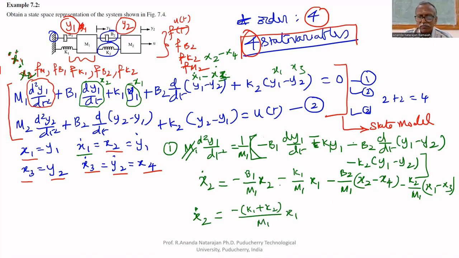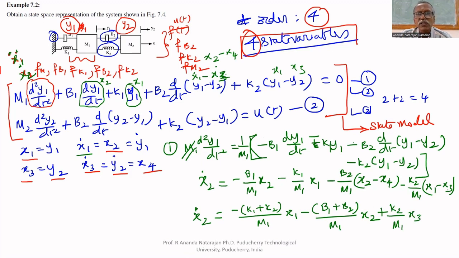All x1s are grouped. X2s are grouped. Group all x2s, minus (b1 plus b2) upon m1 multiplied by x2. Group all x3 together, plus k2 by m1 x3.